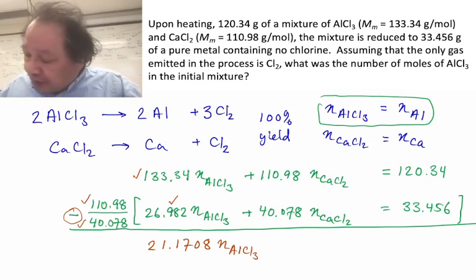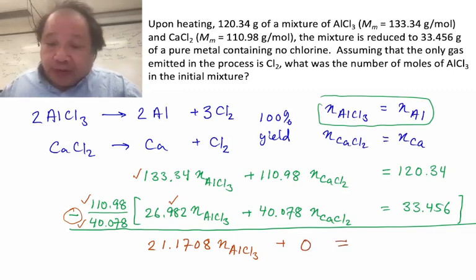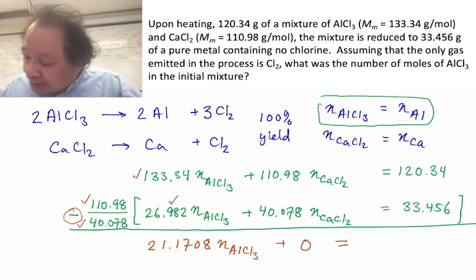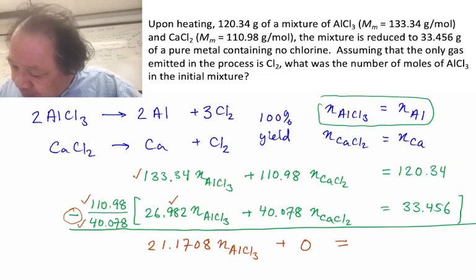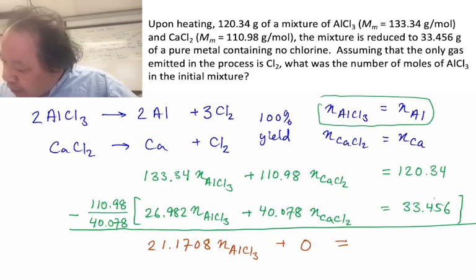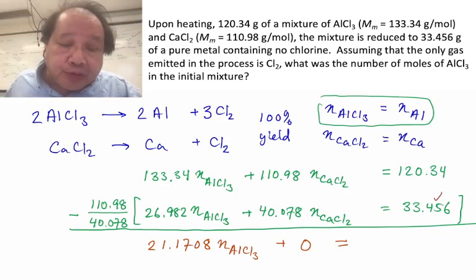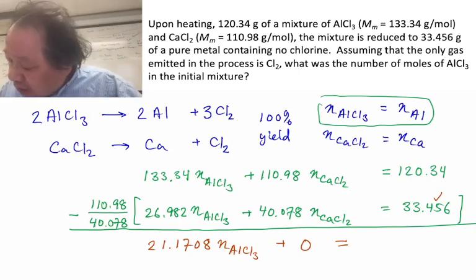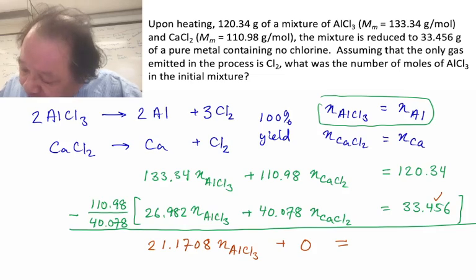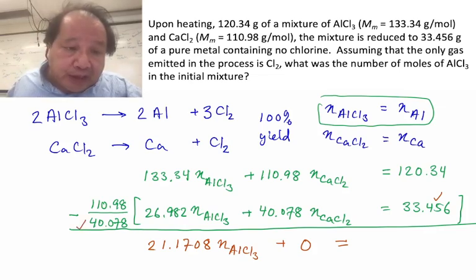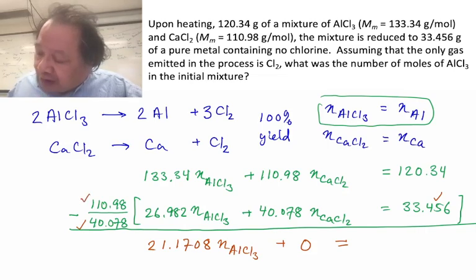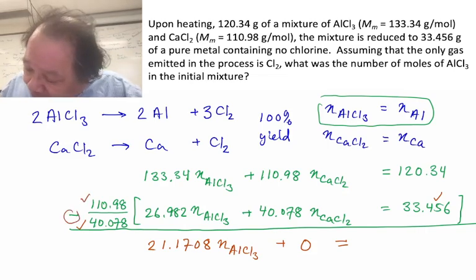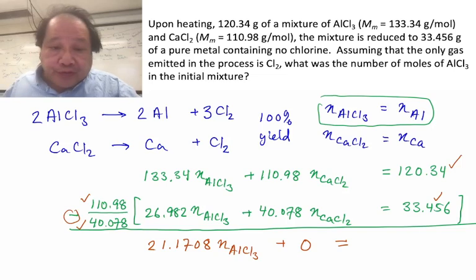And now we know that the second term cancels, and we're left with the final term. That's going to be 33.456. Remember, we're going to do this all in the calculator. It's kind of a weird combination of mental math and calculators. 33.456 divided by 40.078 times 110.98, subtract it from 120.34.